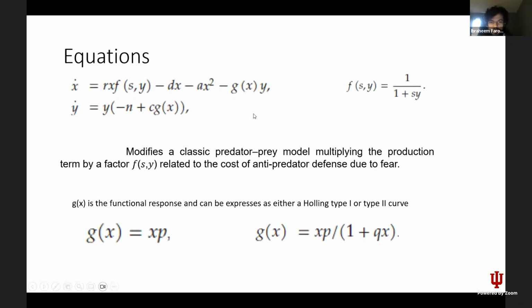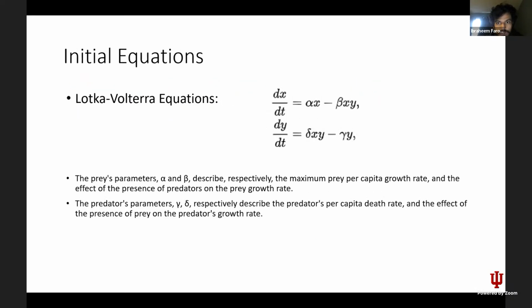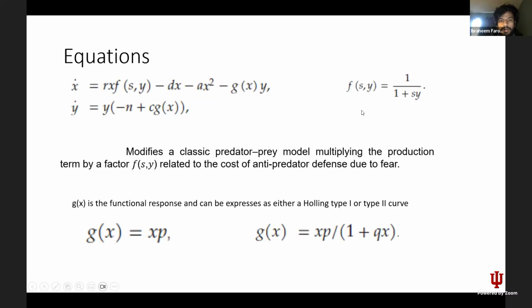Yeah, so these are a more complex way, at least from what I understand, to represent the interaction term. If we look at the subtraction term in the initial Lotka-Volterra model, it's this negative beta XY term.